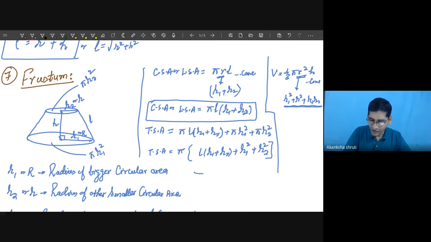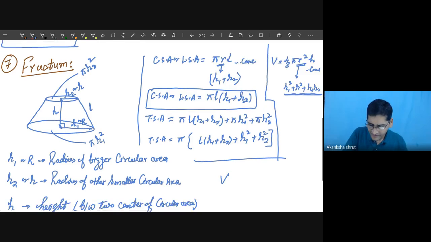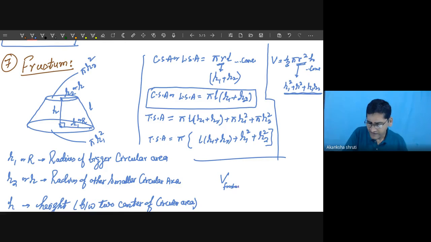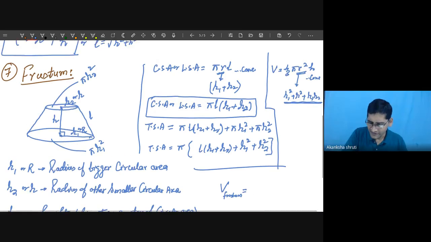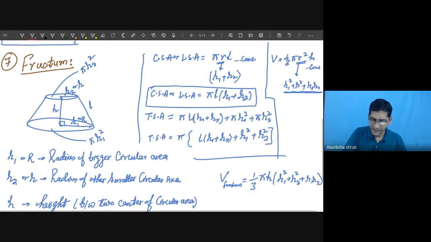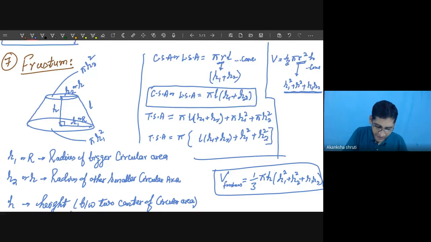Therefore, the volume of the frustum is obtained by just replacing: 1/3 of pi, h I am writing just before, and inside the bracket it becomes R1 square plus R2 square plus R1 R2. That's enough. Many a time our students get this confused with the TSA.